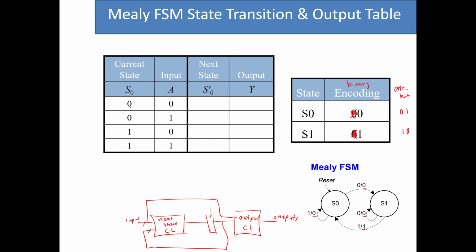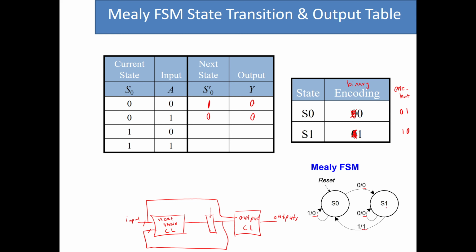So if we are at the state 0, which is shown with a binary encoding of 0, and the input is 0, I go to a state 1, and the output is 0. So this is going to be 1, this is going to be 0. If I am at the state 0, the input is 1, I remain in this state and the output is going to be 0.